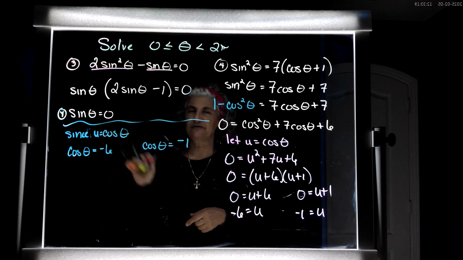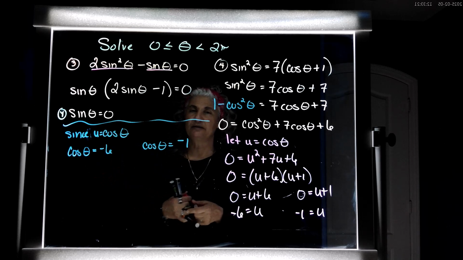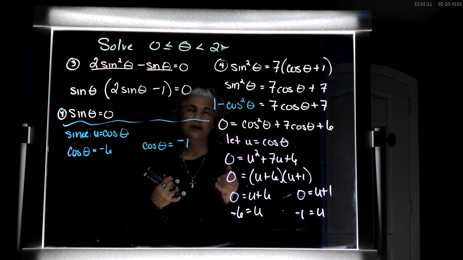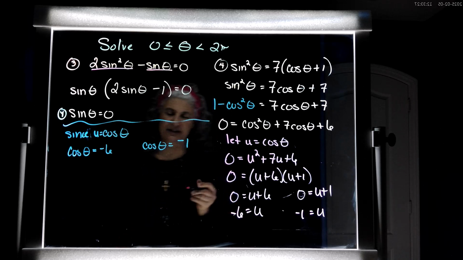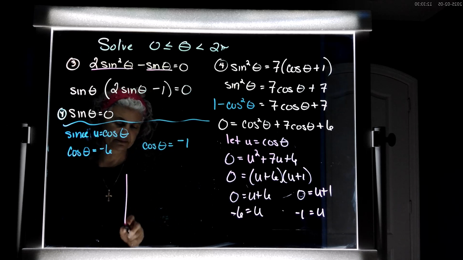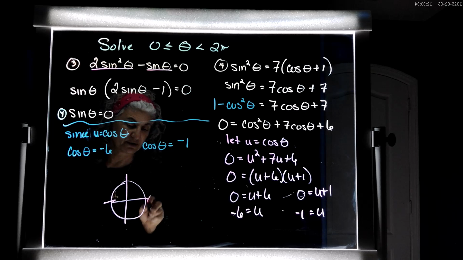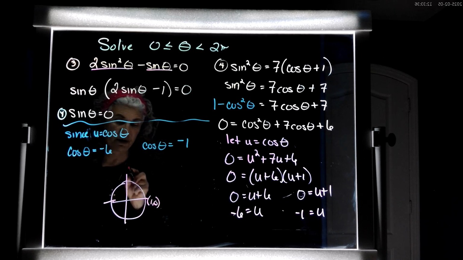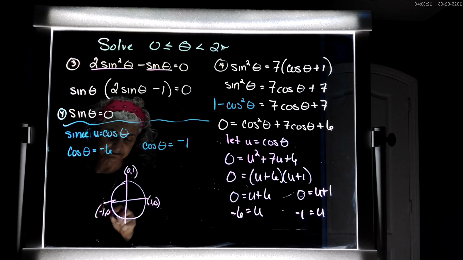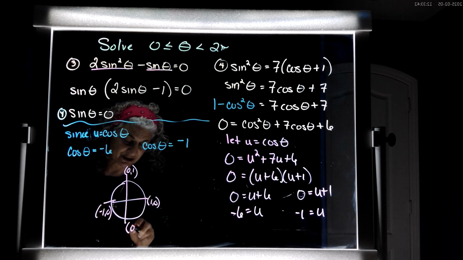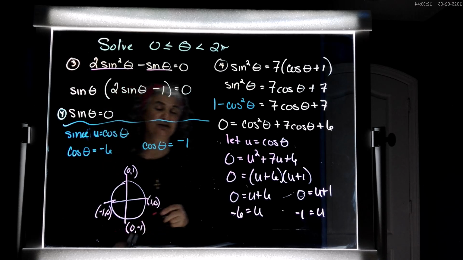I'm going to skip this guy for a second. Negative 1. Is that a triangle or is that a unit circle? Yeah, that's the unit circle, isn't it? So remember, your points on the unit circle look like this. And by the way, it's always good to draw this thing as many times as you need to.